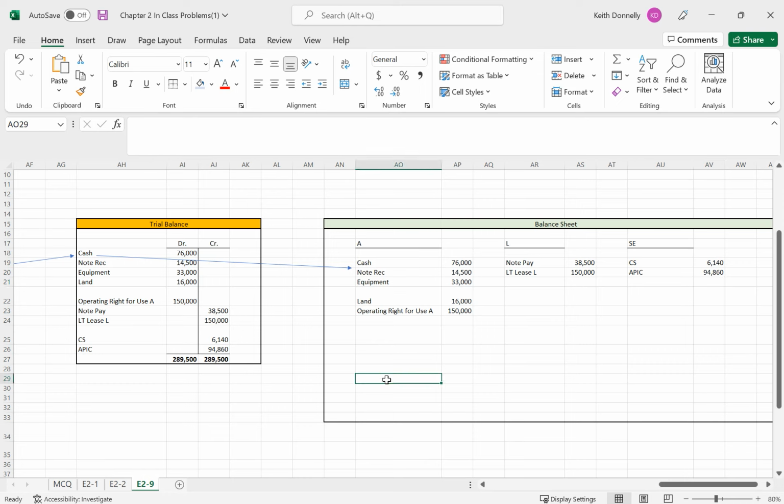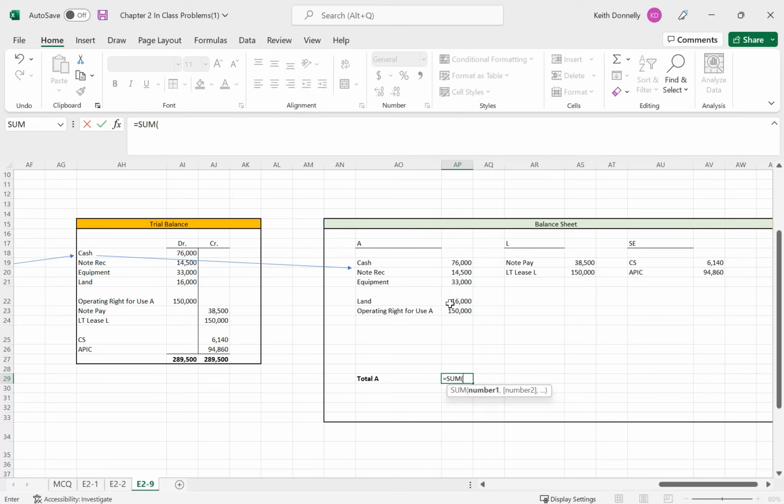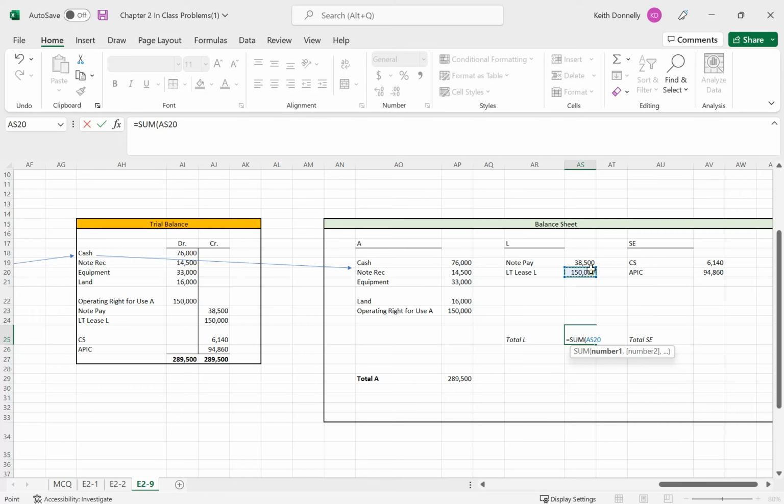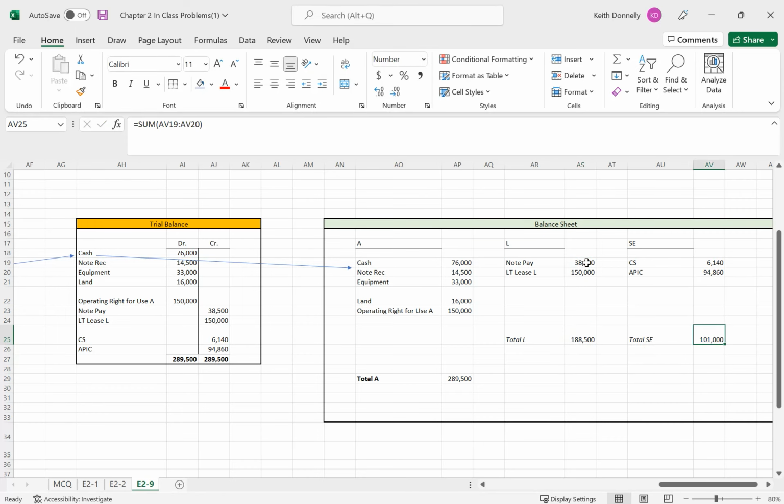So we're going to have our total assets, which is the sum of all of these guys. We're going to have our total liabilities, and our total stockholders' equity. So this is going to be the sum of those two, and the sum of these two, right?